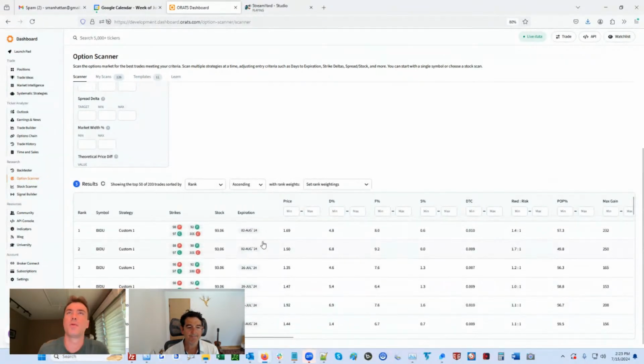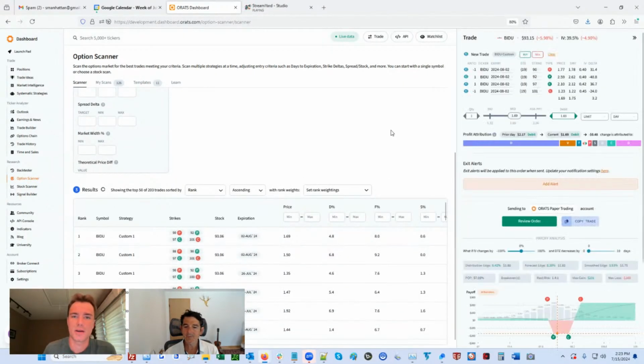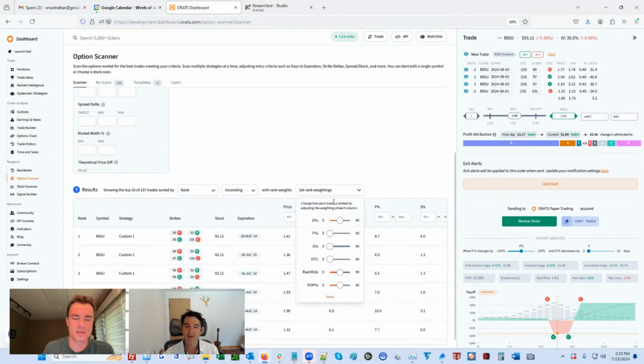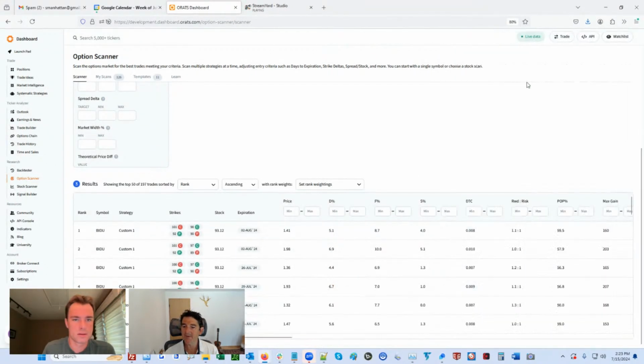One of the great things about our option scanner is the theoretical values, the distribution percentage, the forecast percentage, and the smoothing percentage. That's a good point. So I do want to have the forecast up there. Oh, the smoothing, we got to do that too. We got to set a range on the smoothing from negative 3 to positive 3, because we don't want to give away too much edge on the smoothing.